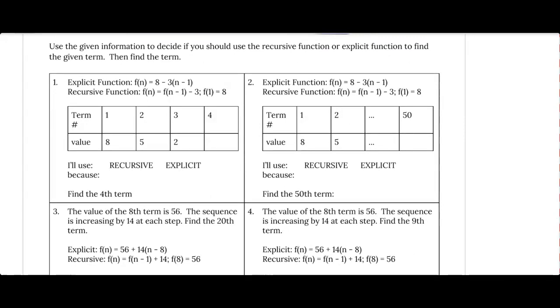Then find the term. So here they give you the explicit function and the recursive function. So they've given you term 1, 2, 3, and they're looking for 4. 4 is what we don't know. Since 4 is the next term in my sequence, I want to use the recursive expression because I'm finding the next term.